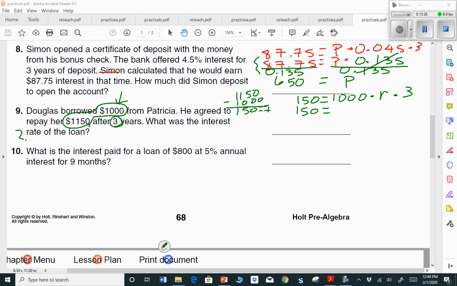We're going to do 1,000 times 3, which is going to be 3,000 times R. Then to get R by itself, we'll divide both sides by 3,000. This becomes R, and we'll do the 150 divided by 3,000. That comes out to 0.05. Question was, what was the interest rate? And you do need to write that in terms of percent and not as a decimal. So take your 0.05 and make it 5%.